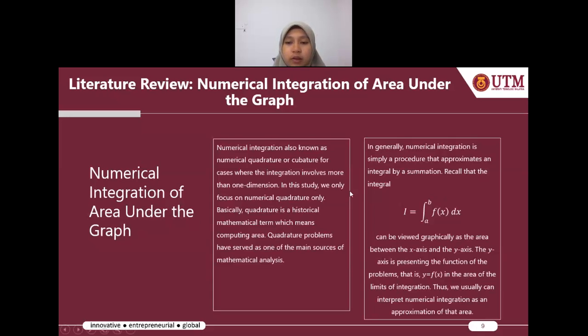We can recall the integral form is I equals the integral from a to b of f(x) dx, which we can view graphically as the area between the curve and the x-axis. And for information, the y-axis represents the function of the problem.